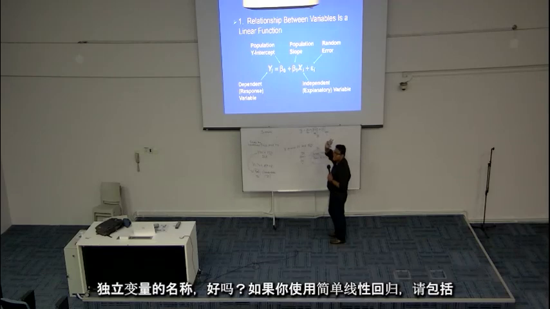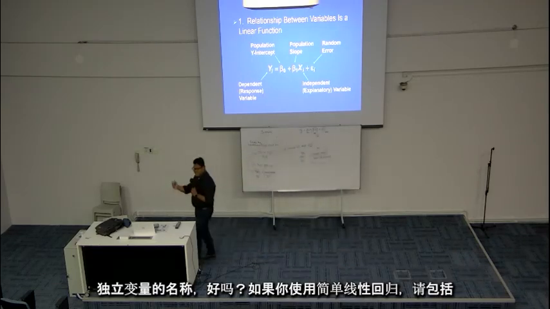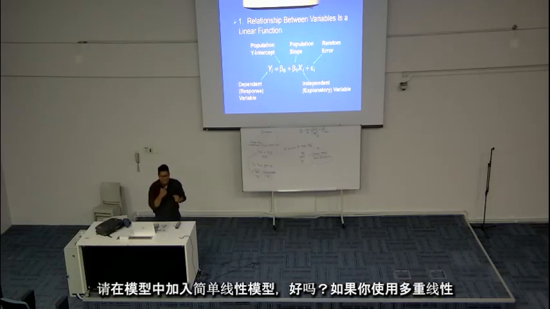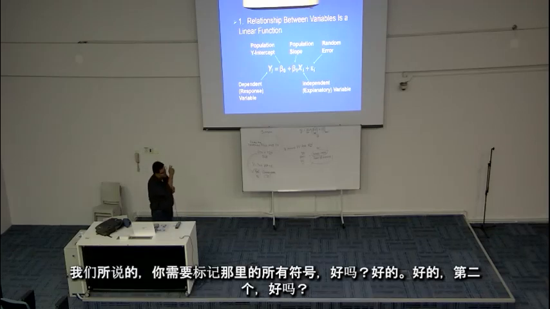There are three names for the independent variable. If you use simple linear regression, please include the simple linear model in your study. If you use multiple linear regression, please include the multiple linear regression model. And you need to label all the notation there.